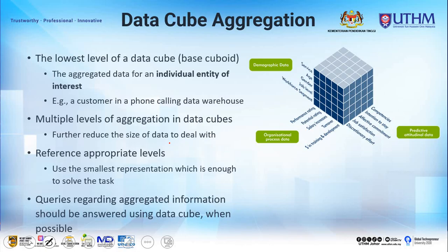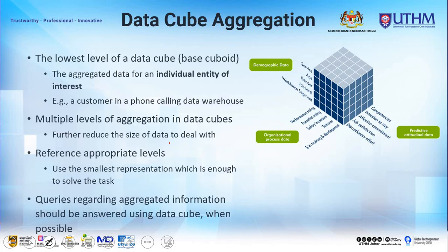Example, if a user wants to know the total number of calls made by all customers in a region for a given month, querying the monthly aggregation level is more efficient than summing up individual call records. So they want all the customers, not one particular customer, from one particular region for one particular month. Which means they can identify all the customers from the same region and the same month.